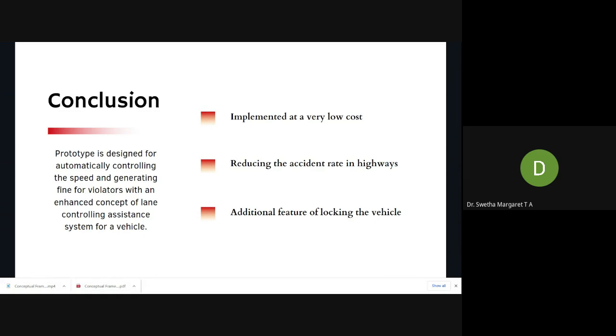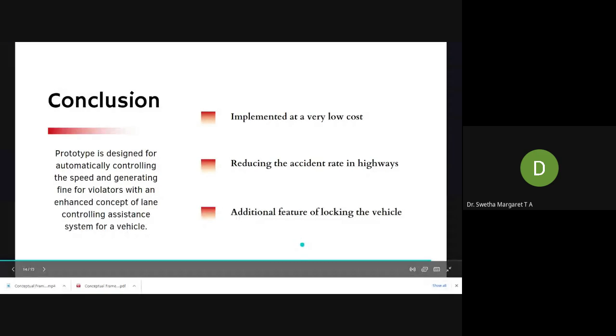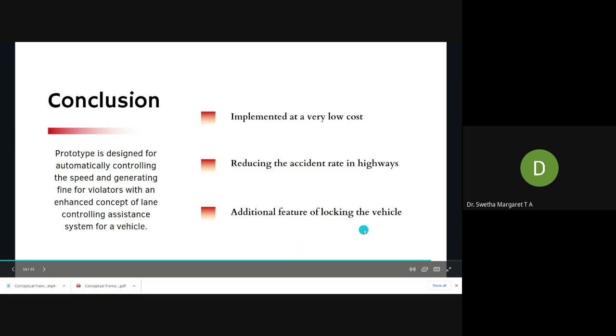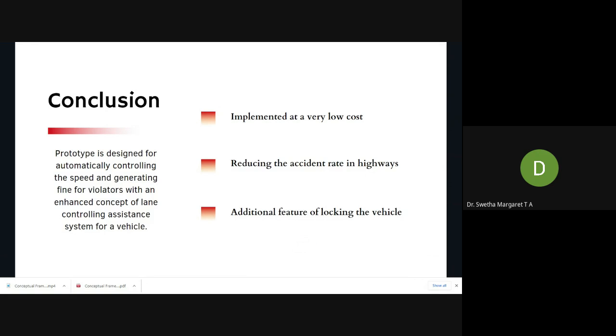So this particular model is very simple and doesn't involve too much cost, and it's quite easy to implement as well. Reducing accident rates on highways is something of concern, and we would try to implement this in order to achieve at least a one third reduction in the actual accident rate.